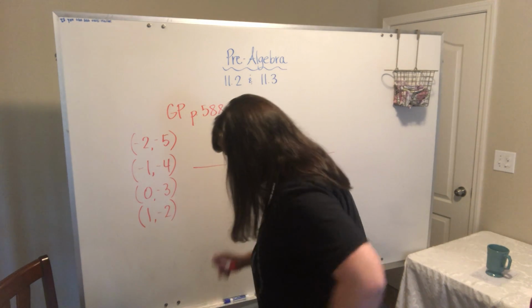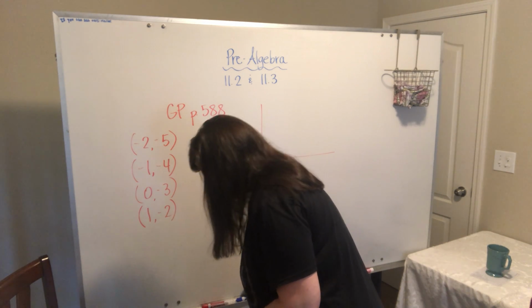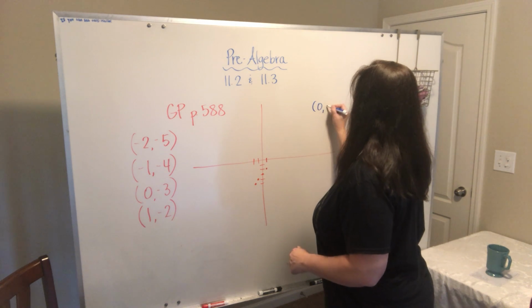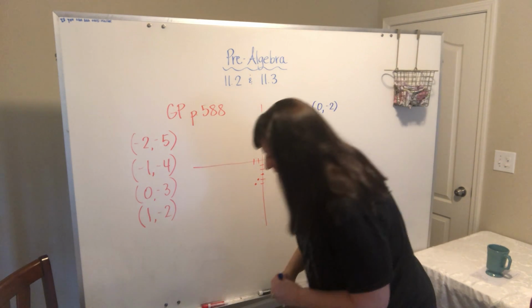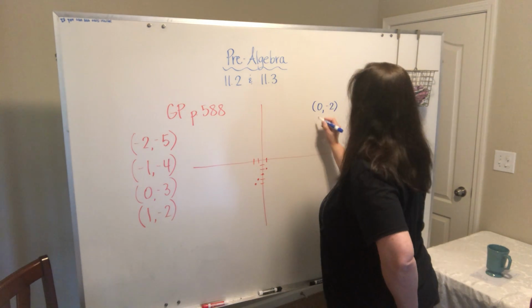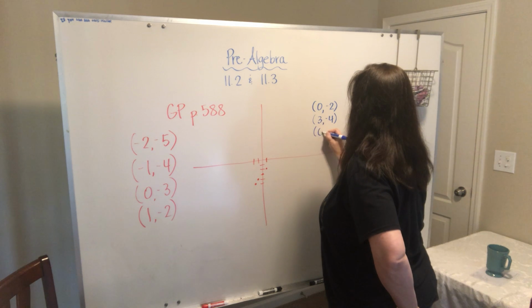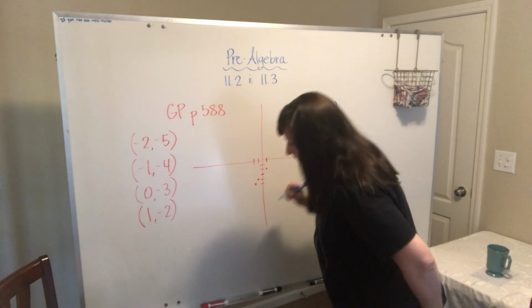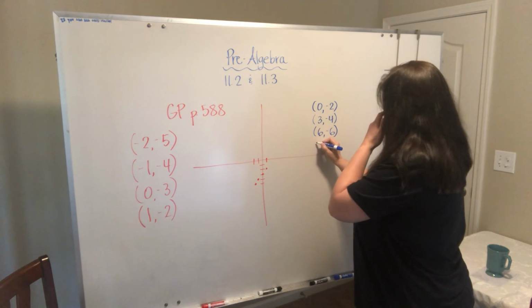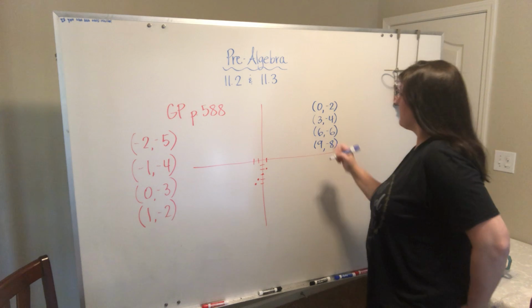I'm going to look at the other ones. Let's do that in blue. 0, -2. And hopefully you can all see this on the guided practice. 3, -4, 6, -6. Okay, and the last one, 9, -8. This is a good one because it's a little more random, okay?